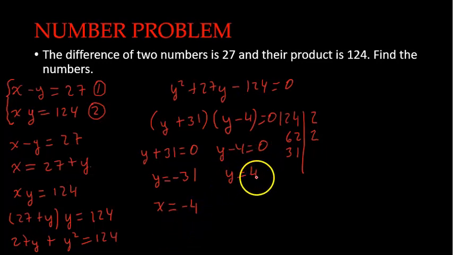If we substitute the value of y, that is 4, in one of the equations, we can find the value of x, that is 31. So the solution of the problem is one number is negative 31 and the other number is negative 4, or one number is 4 and the other number is 31.